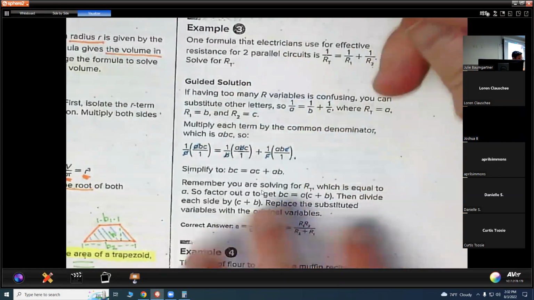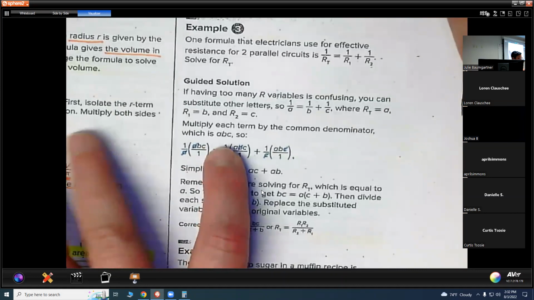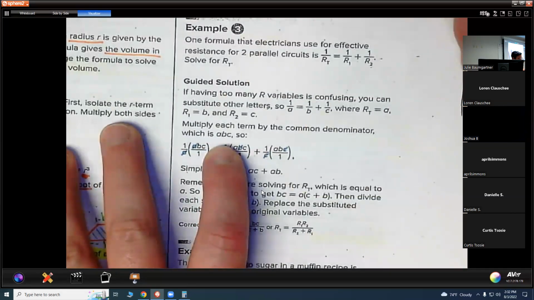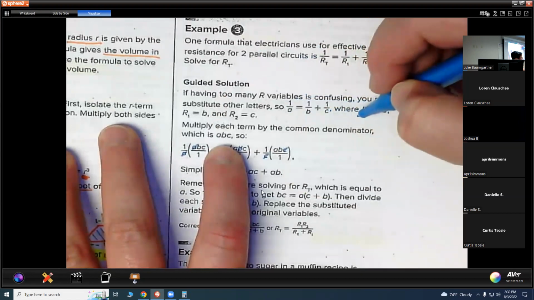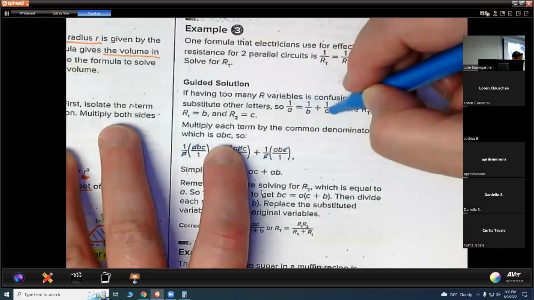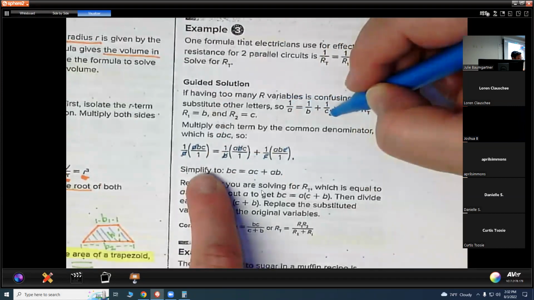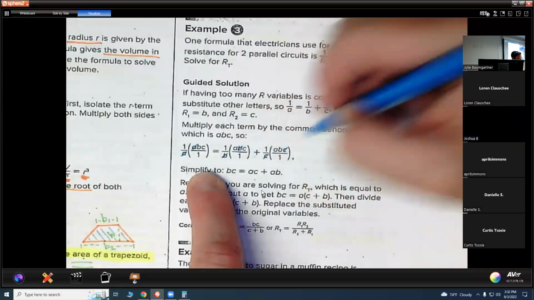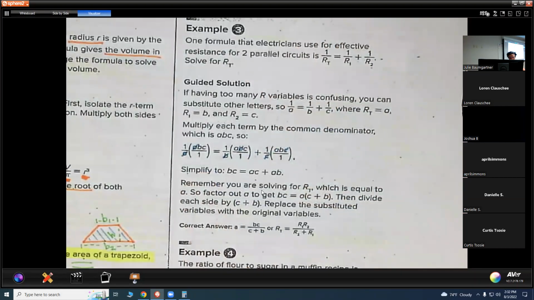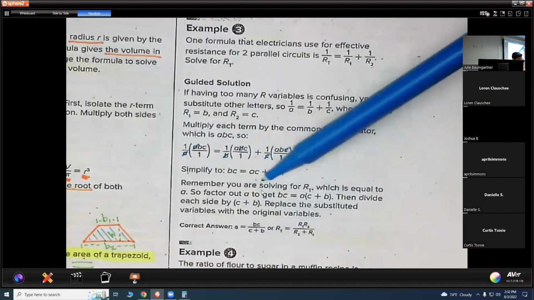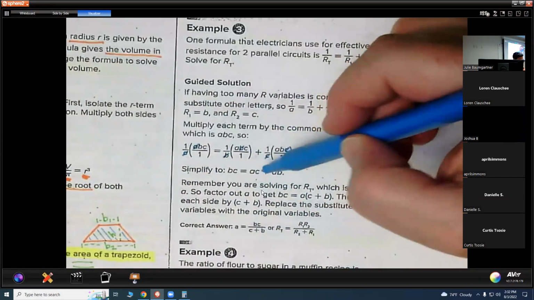Does it make sense how the common denominator among A, B, and C is ABC? Because we have to have each of the terms in there so that they'll cancel. So we're still solving for A. We don't have A by itself.